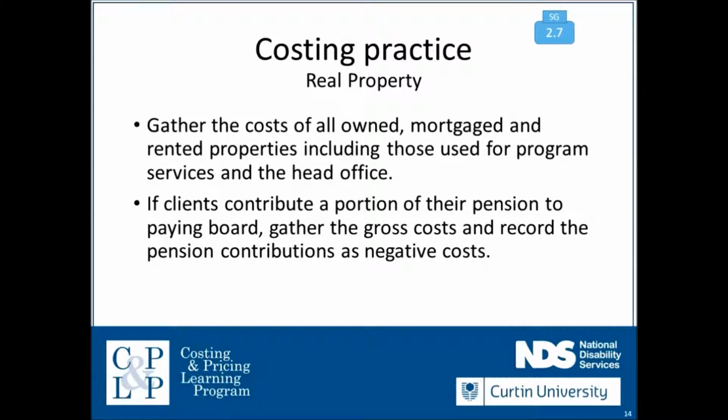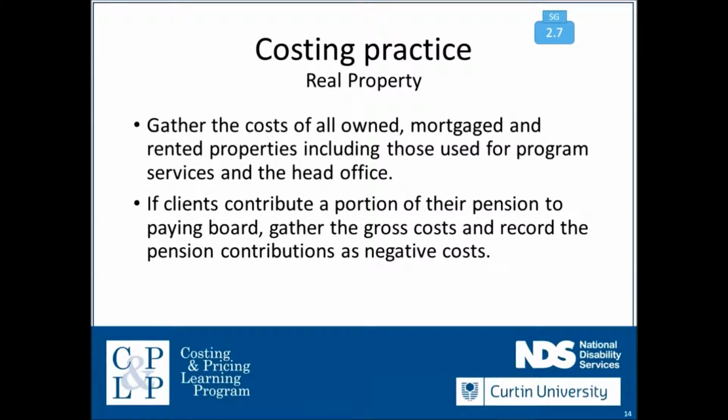In terms of real property though, you need to of course gather all of the costs associated with the operation of that real property, but also the costs associated with the acquisition and ownership of that property, or at least the rental or deployment of that property. So being in control of the property adds costs to your service delivery.